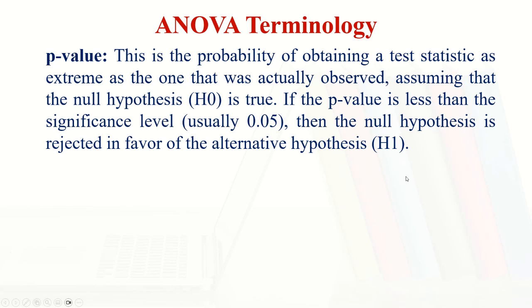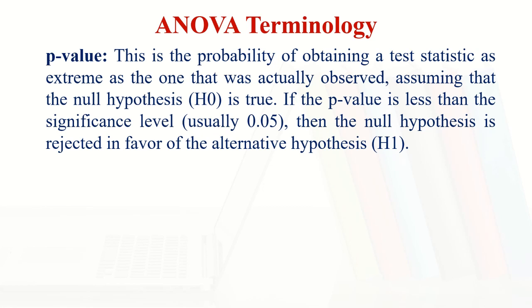Now, next is the p-value. This is the probability of obtaining a test statistic as extreme as the one that was actually observed, assuming that the null hypothesis, as I explained, H0 is true.